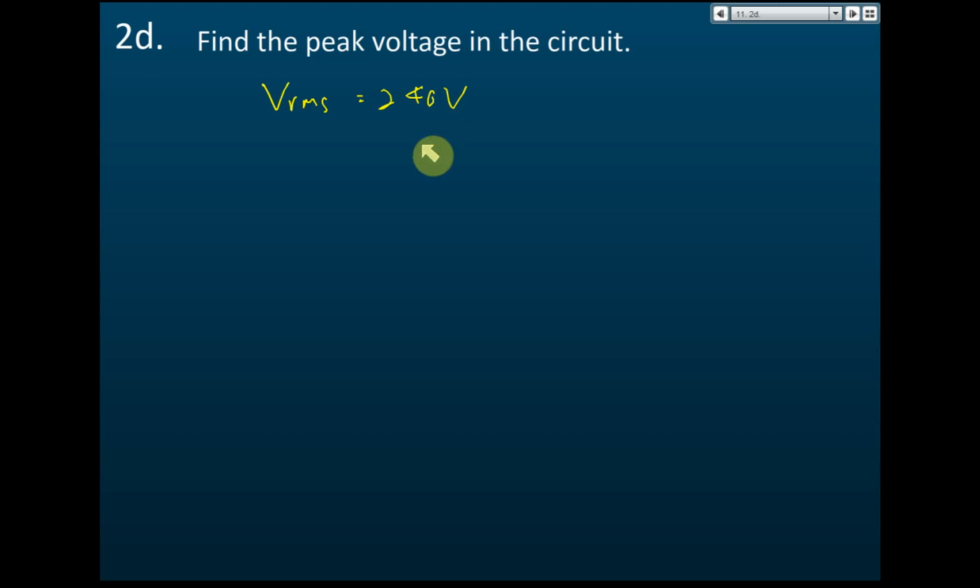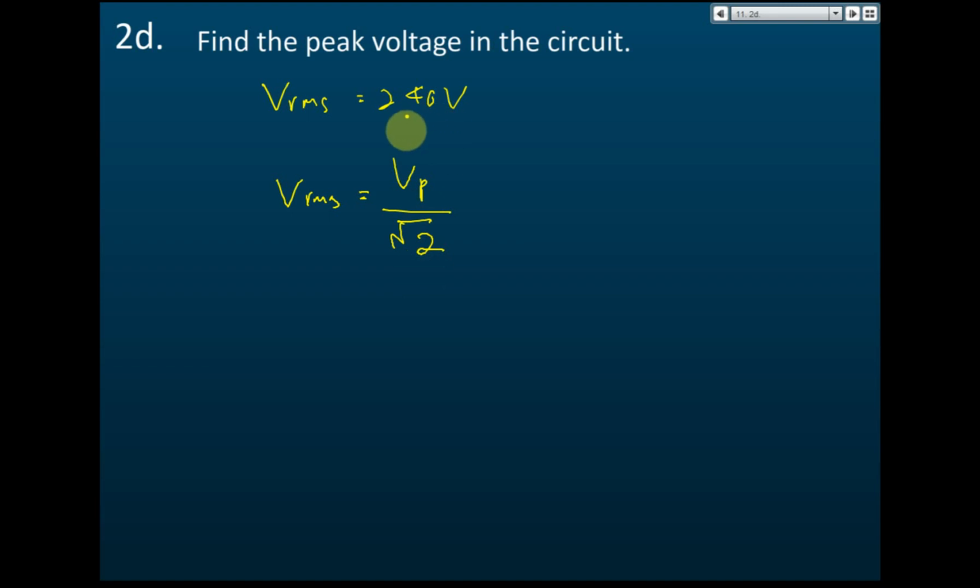Can any of you tell me what's the formula of root mean square voltage? Vrms equals the peak voltage divided by the square root of 2. So Vrms equals Vp divided by the square root of 2.